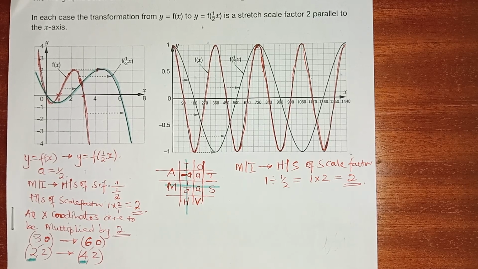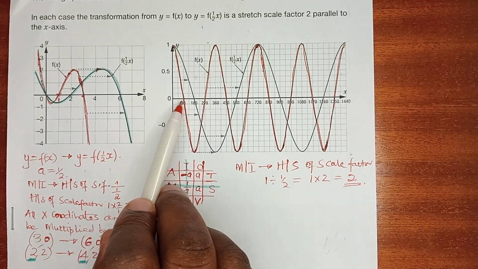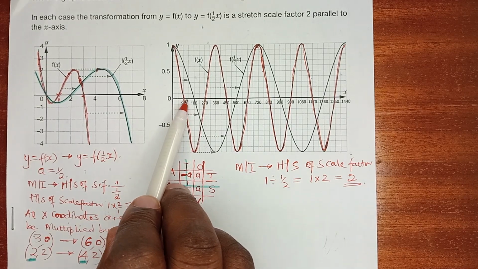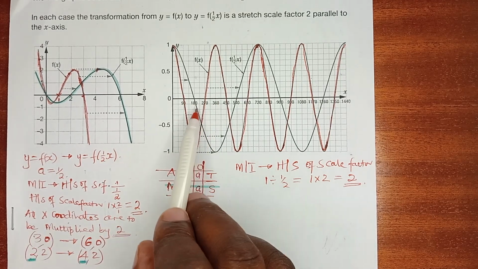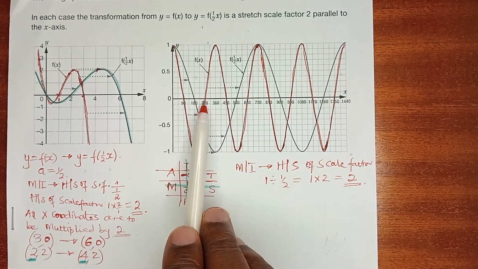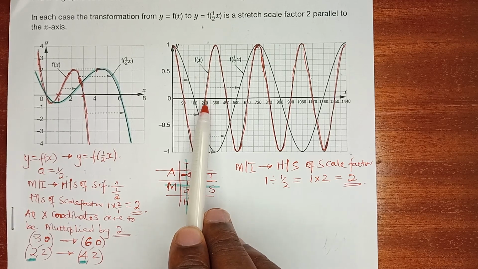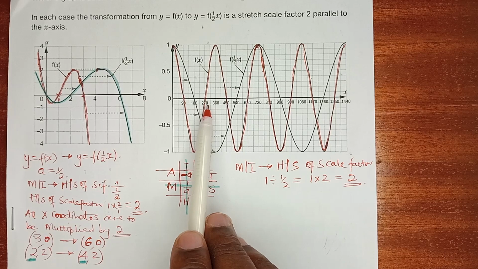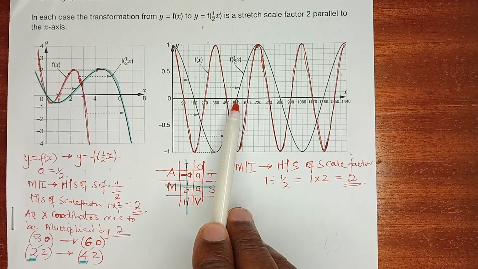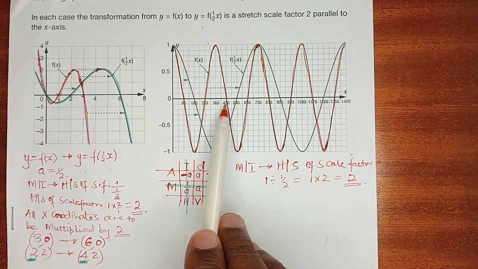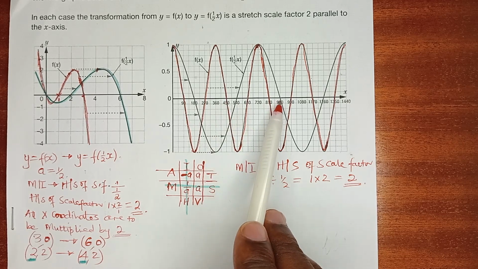And I just want us to take a conspicuous point. Here, at this point, x is 90. It is stretched to this point where x is 180. At this particular point, the red one, x is 270. 270 times 2 is 540, which is the next one. Again, this is 450 for the original one. 450 multiplied by 2 is 900.